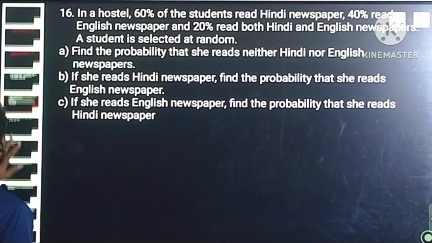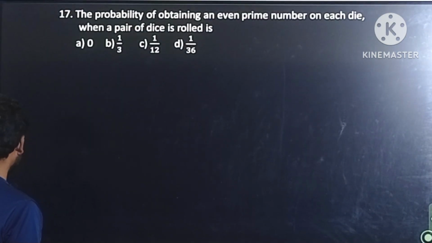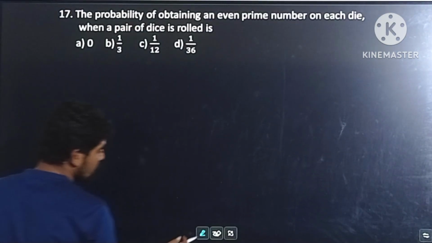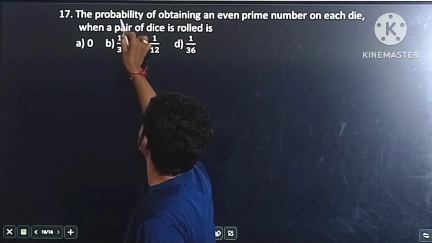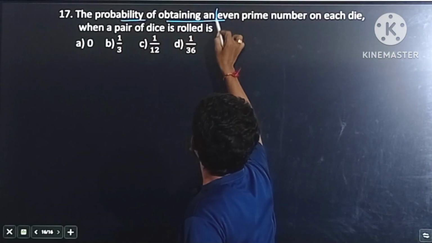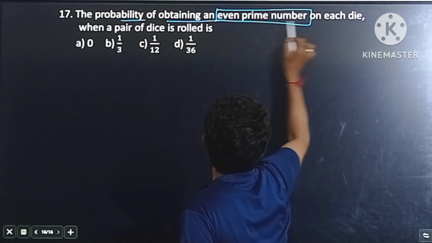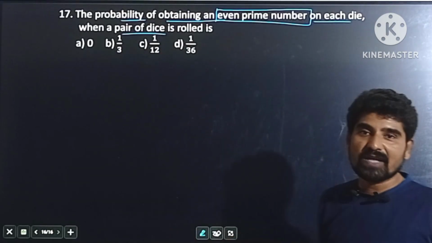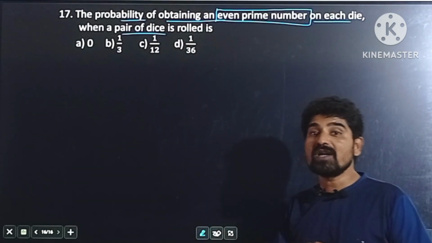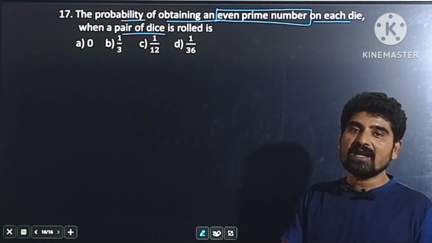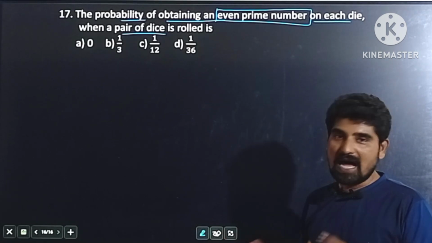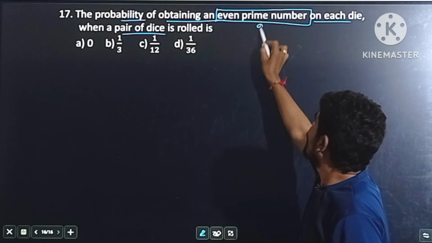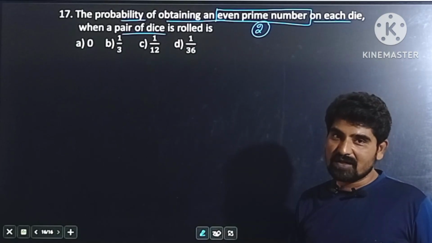And the next question is one of the multiple choice questions. In this question, we need to identify the probability of obtaining an even prime number on each die when a pair of dice is rolled. As you know, 2 is the only even prime number in the real number system.